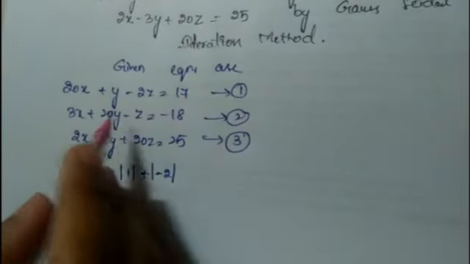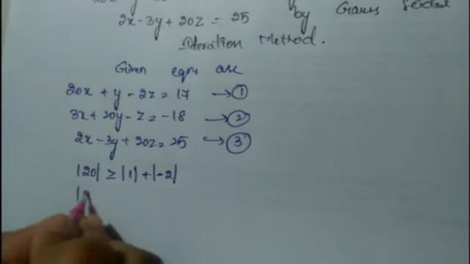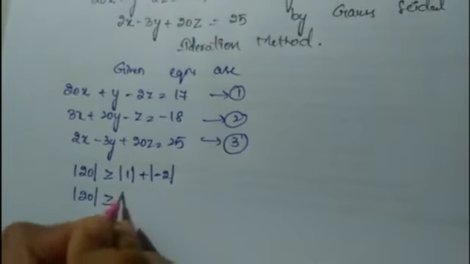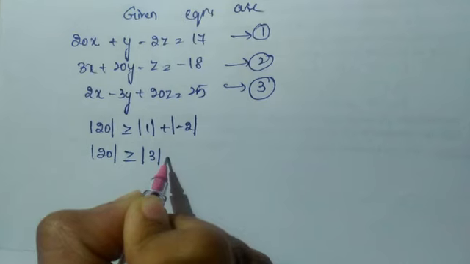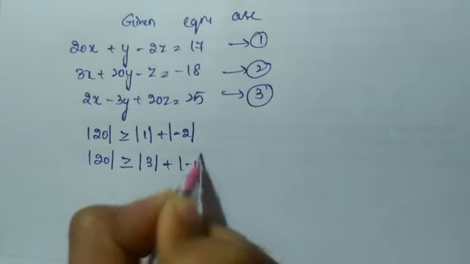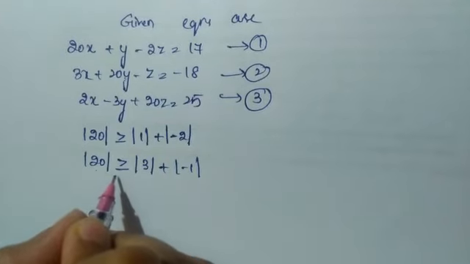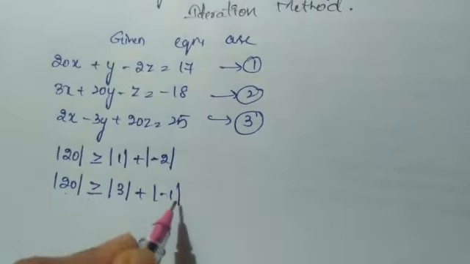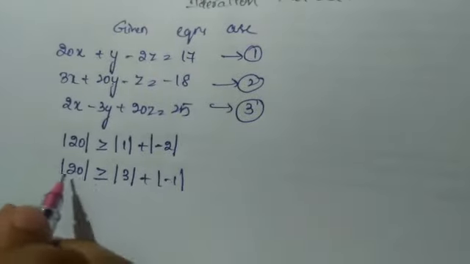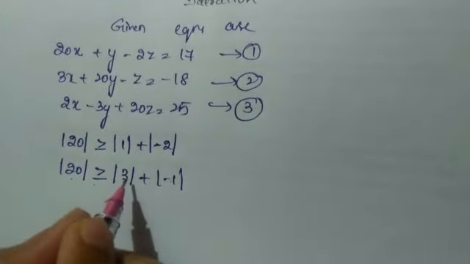Then from the second equation I am taking the coefficient of y: mod 20 is greater than or equal to mod 3 plus mod minus 1. Then 20 is greater than or equal to 3 plus 1, because we are using the mod here, that is 4. So 20 is greater than or equal to 4, which is true.